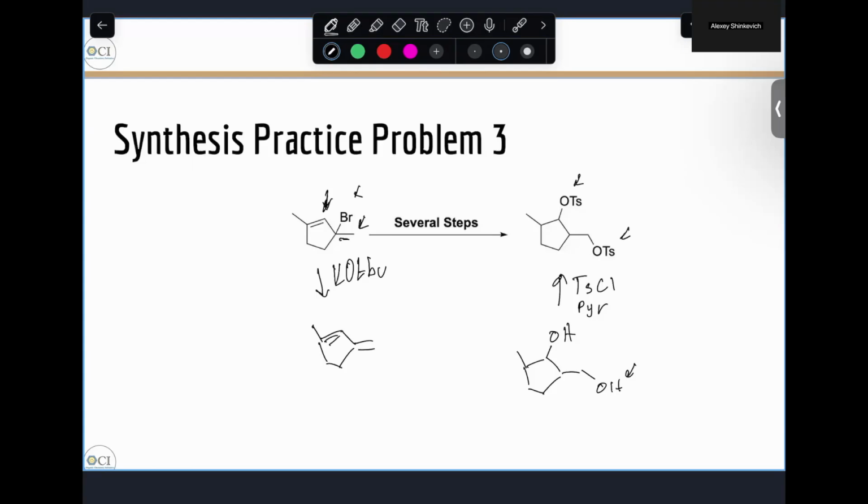That forms that. And now all we have to do is use that reaction that puts the OH group on the less substituted side of alkenes. So the reaction that does that is BH3, THF, H2O2, and NaOH.